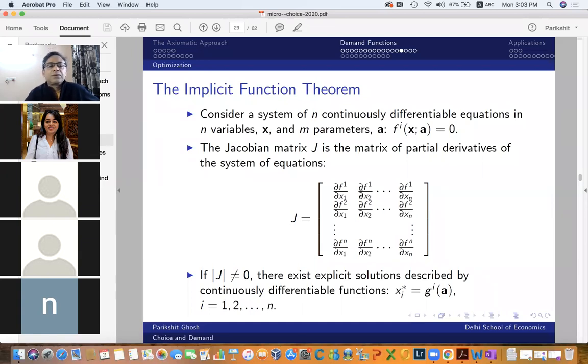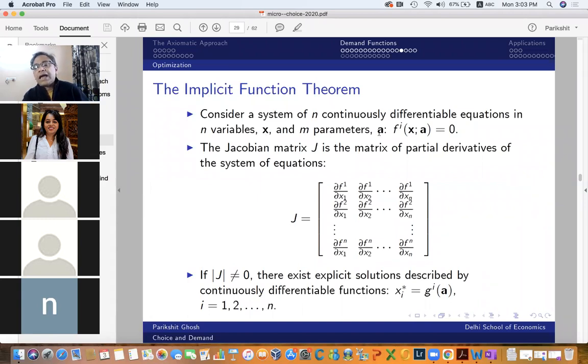Now, that's where the implicit function theorem comes in very handy. Consider a system of n equations, and we'll take them to be differentiable so that we can apply calculus. We have n endogenous variables, that's the x vector, and m parameters, that's the a vector.